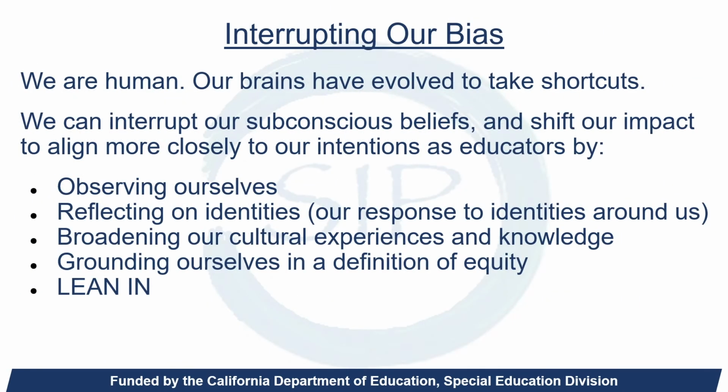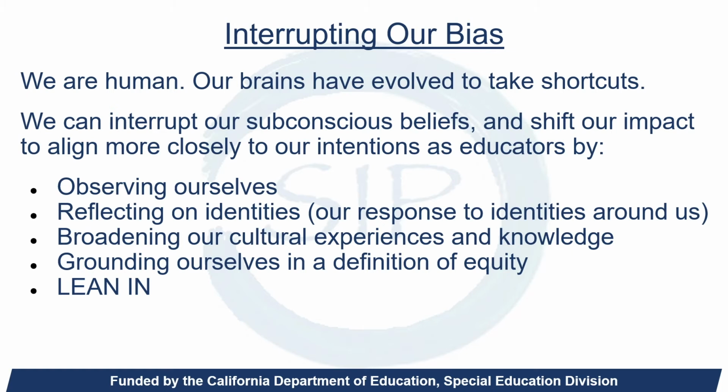It is once we are able to self-reflect and identify our approach to different identities that we can then interrupt our bias. We have to understand that we're human. Our brains have evolved to take shortcuts. We can interrupt our subconscious beliefs and shift our impact to align more closely to our intentions as educators by, 1, observing ourselves, taking note of our instinctual observations and thoughts about others' identities that are different from our own.